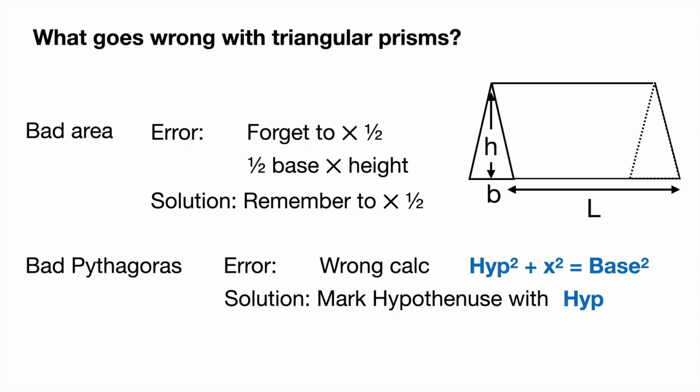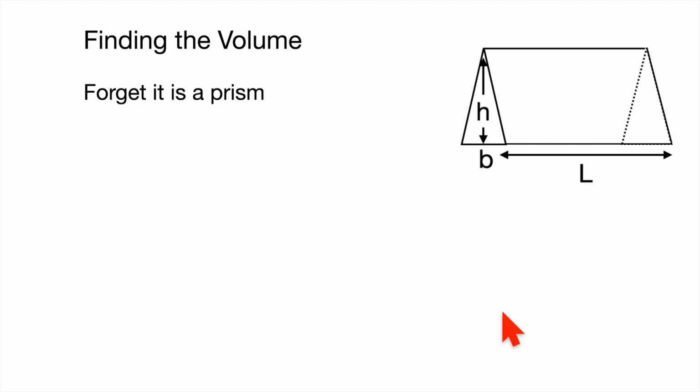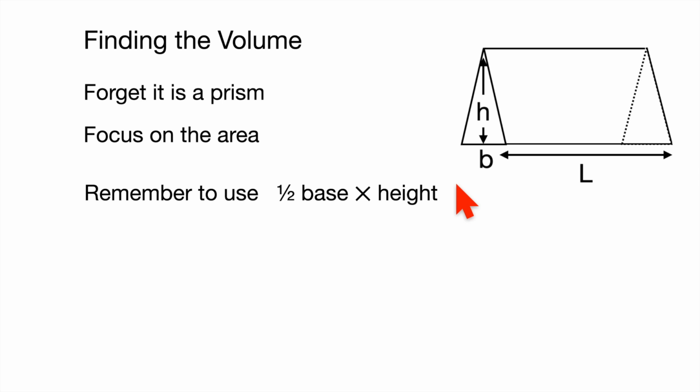Right. And there's the Pythagoras formula. Here's a method hack. There's a prism. Let's find the volume. The method is, forget it's a prism. Focus on the area. Always work out this area first. And then you'll see the old pattern, the pattern of a half base times height.